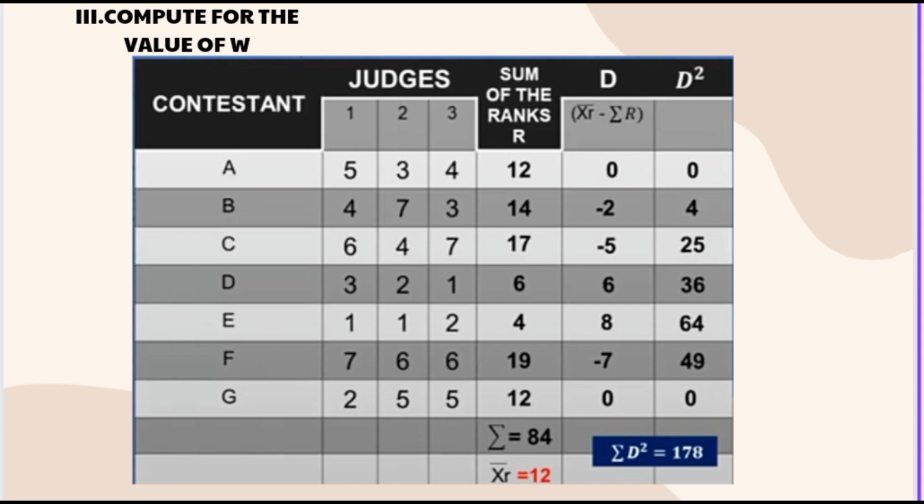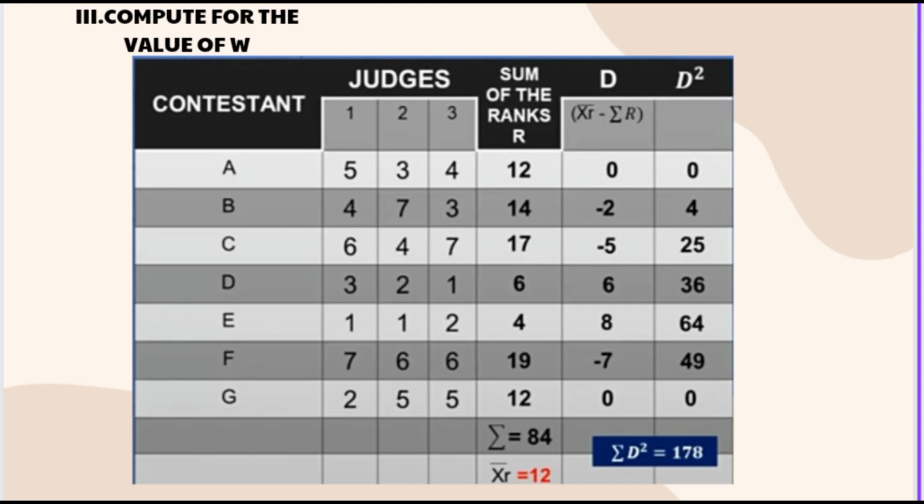Here in D, to get the value of D, the mean we got is 12. So we subtract the sum of the ranks of A from 12, and we get 0. It's the same for B: 12 minus 14, we get negative 2. 12 minus 17, we get negative 5.